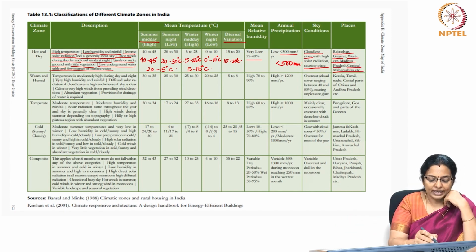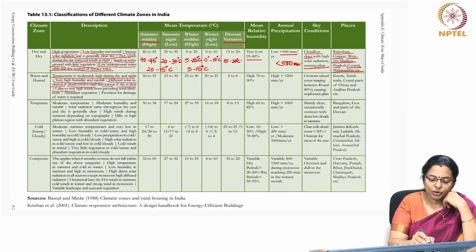In warm and humid climate zones, temperature is moderately high during day and night. Very high humidity and rainfall. There is diffused solar radiation if cloud cover is high and intense if sky is clear.